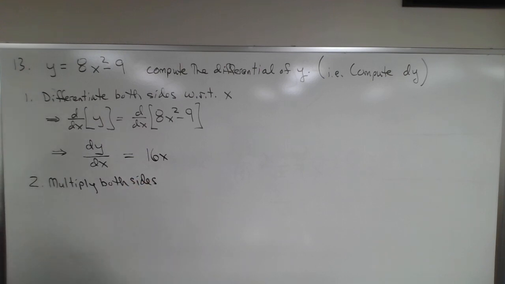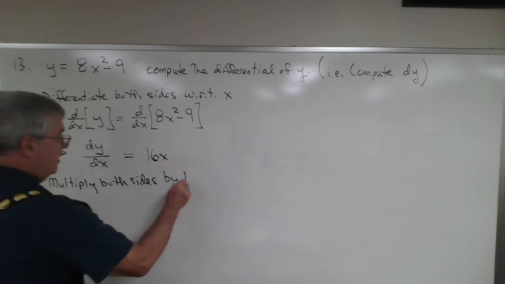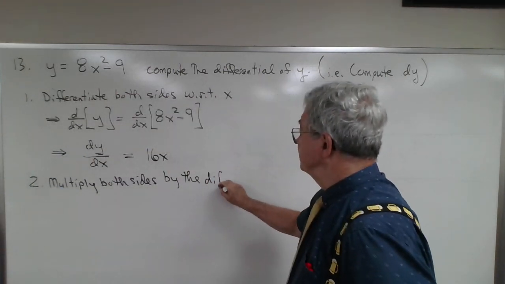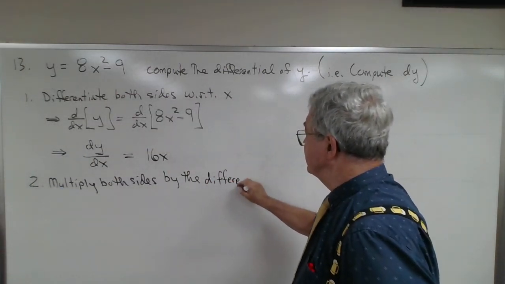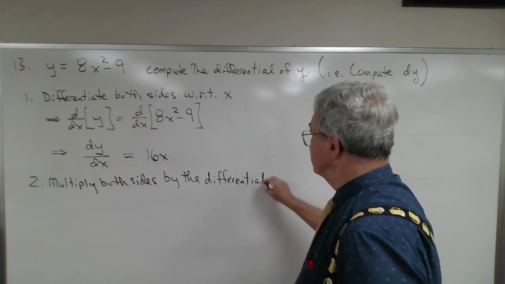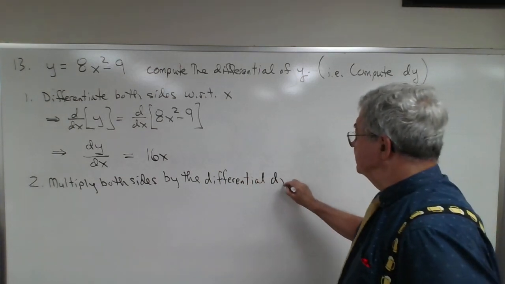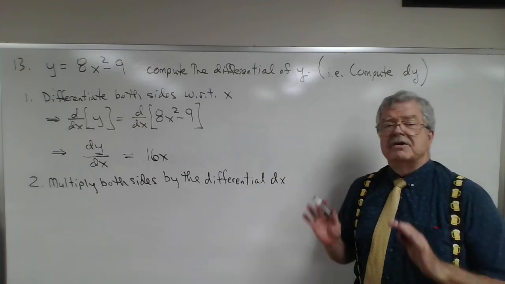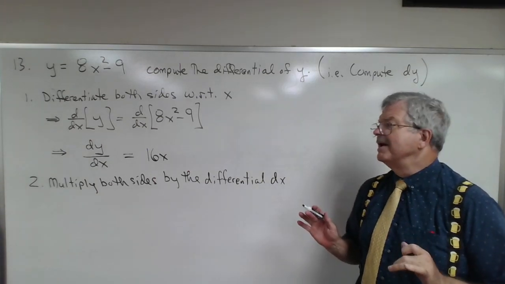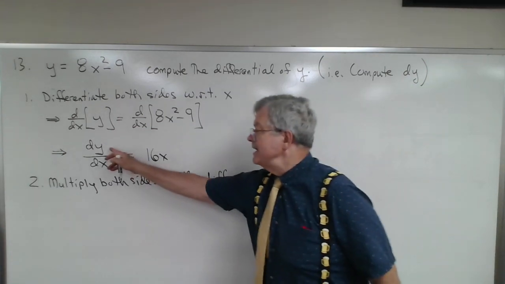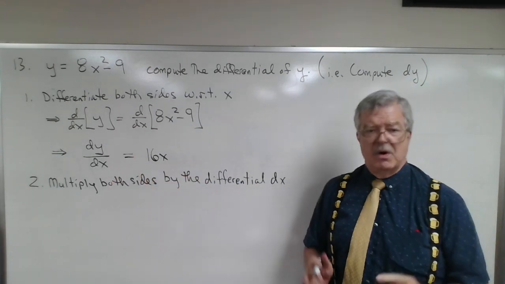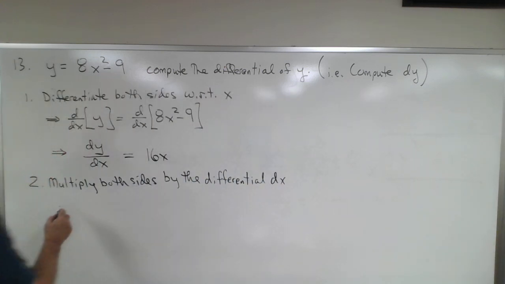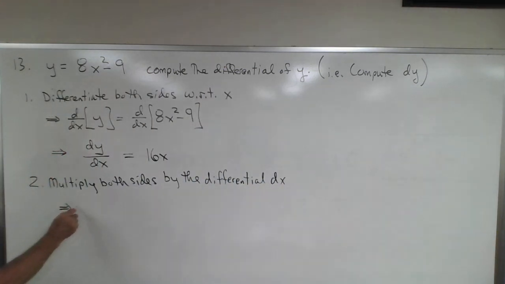Now our second step. Multiply both sides by the differential dx. And here we're just going to consider dy dx to be a formal quotient for the sake of computation. So here's what we're going to get.